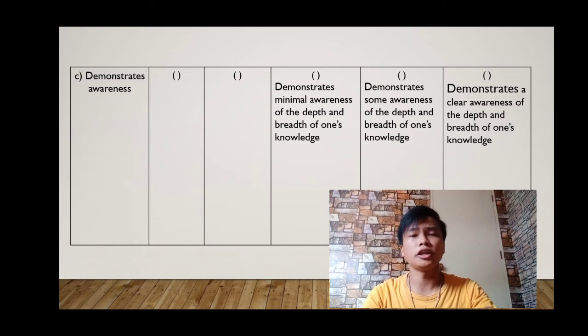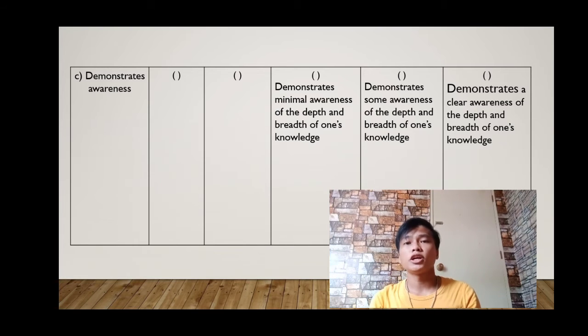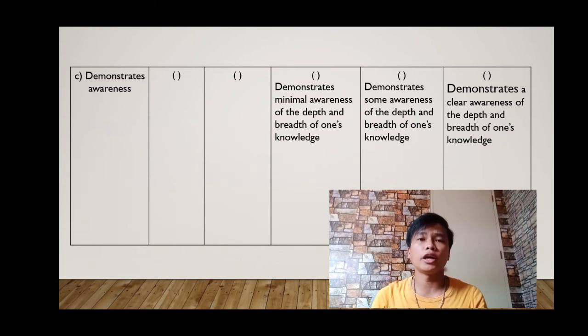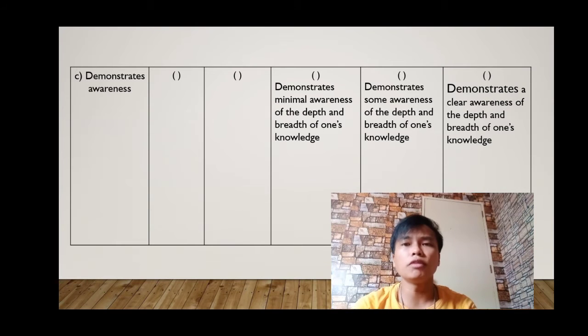In the capable category, the students can demonstrate some awareness of the depth and breadth of one's knowledge. The example of this category, capable, let's say the students represent or explain one's knowledge.